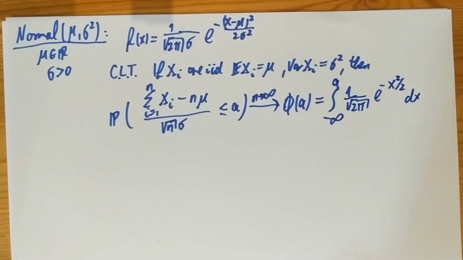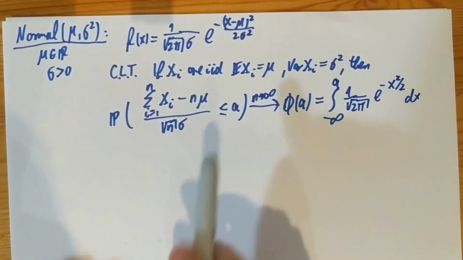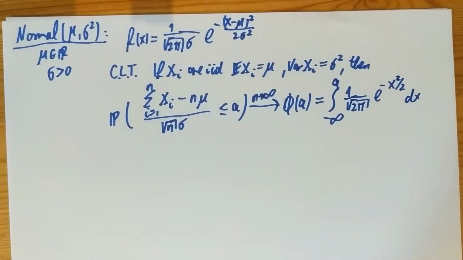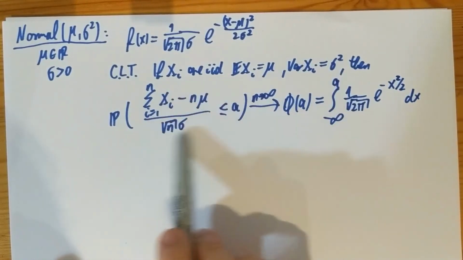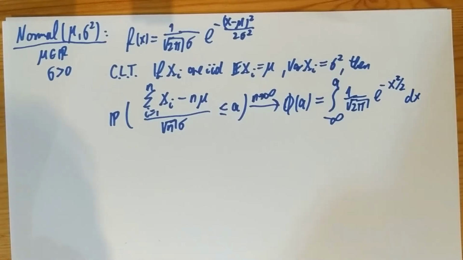Okay? That's why we like the normal. No matter what you add up, if it's a finite variance and they are independent, then in this scaling everything converges to normal. We're going to prove this towards the end of the unit.